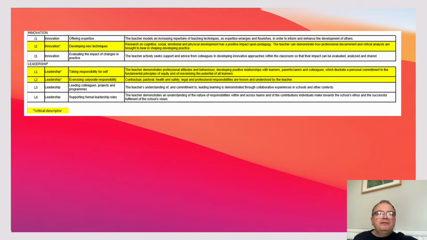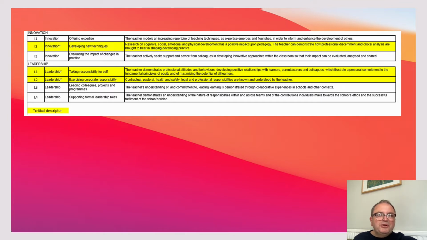What we're really looking for is that you take on board advice from your mentor and your senior mentor and the classroom teachers, and you try something new, something different within the classroom that perhaps you hadn't thought of before. It may be something as simple as just giving a group work activity to a group of pupils, rather than giving them a traditional task where they're working alone.